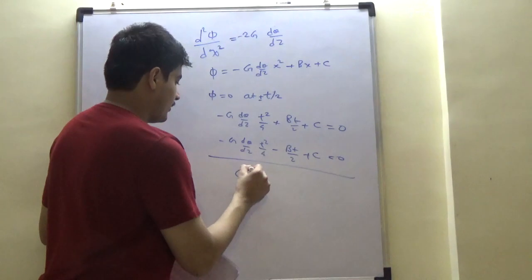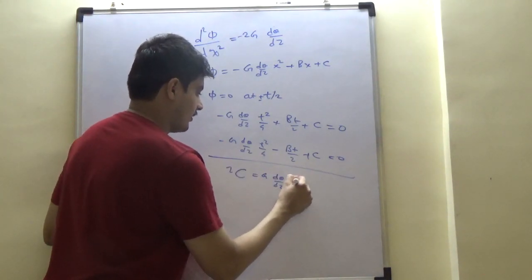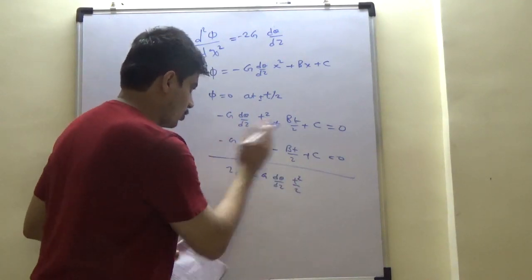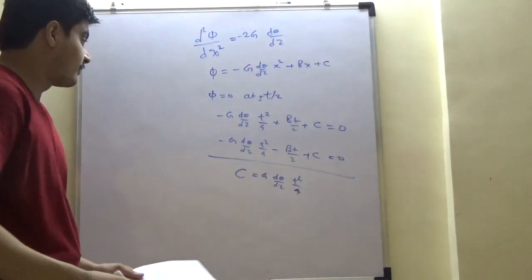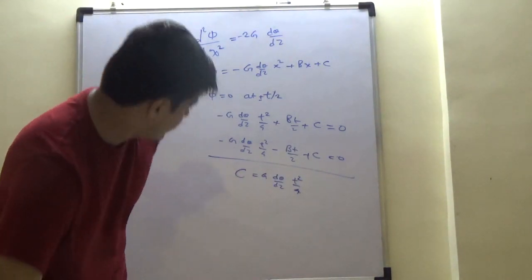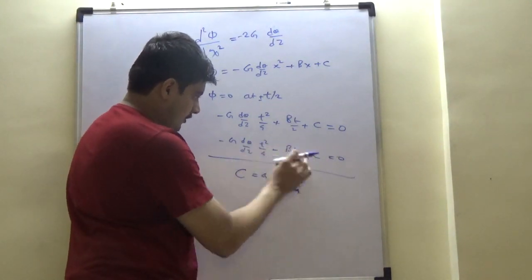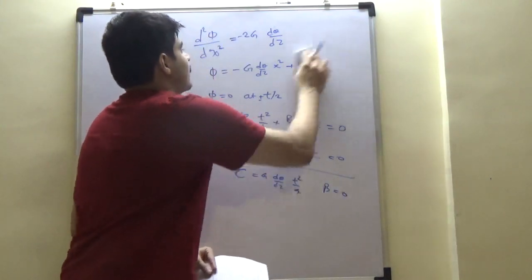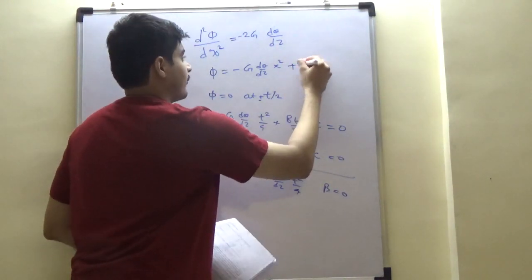If I add them, 2c is equal to g d theta by dz t square upon 2. So c is going to be simply this, and if I have c as this, which is getting added, b has to be 0, which means there is only a square variation plus a constant.